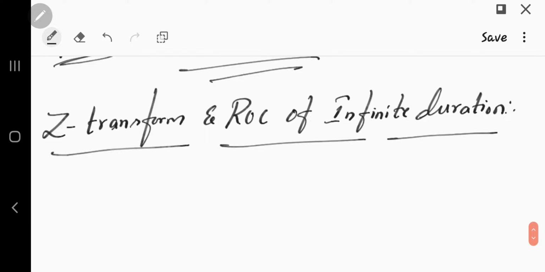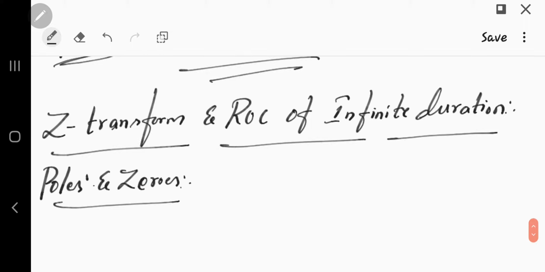Now before going to that, I just want to clear a concept called poles and zeros.